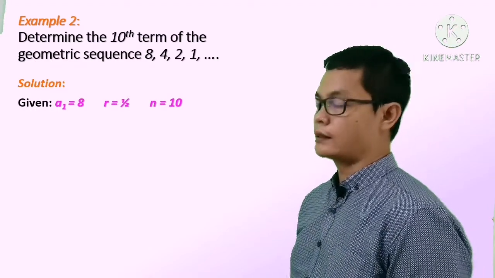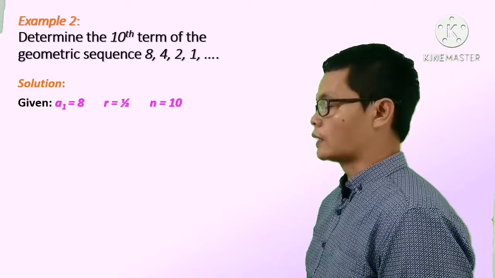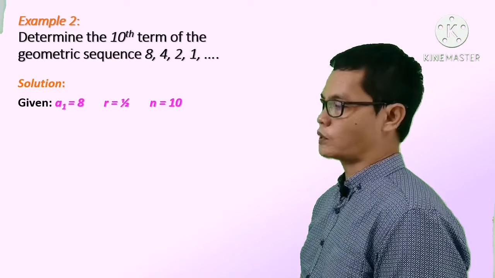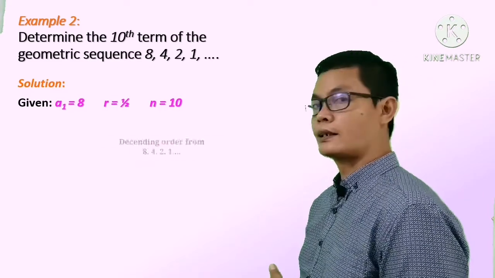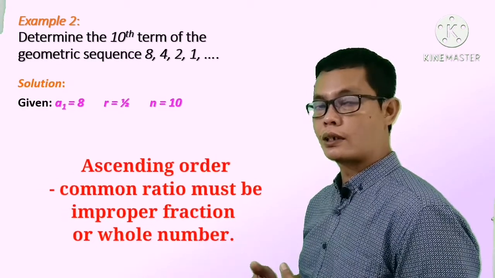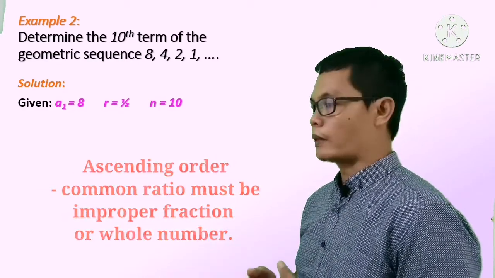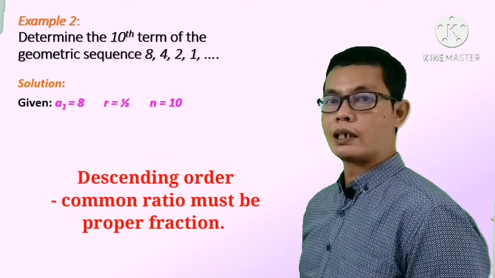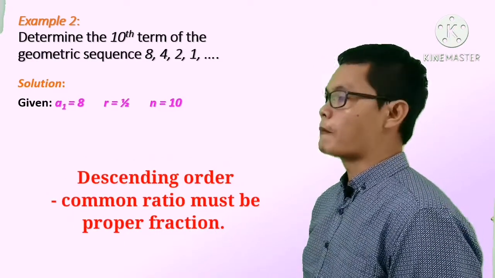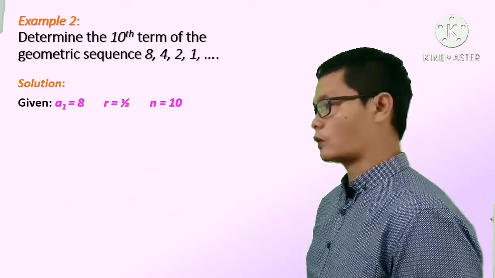In this case, the common ratio is already in fractional form. Bakit? Kasi as you observe, ang given natin ay nasa descending order na. So that's the pattern. If it is ascending order, possibly our common ratio is a whole number. Pero pag siya ay nasa descending order na, possibly na ang kanyang common ratio is 1/2. That's the basic pattern for this example only.